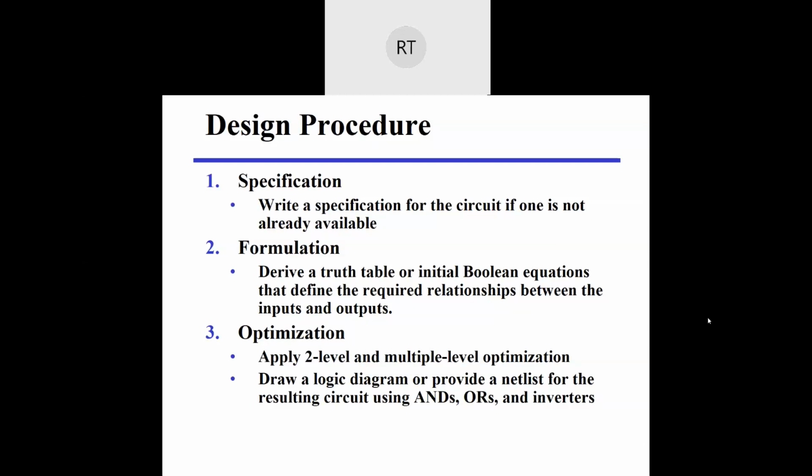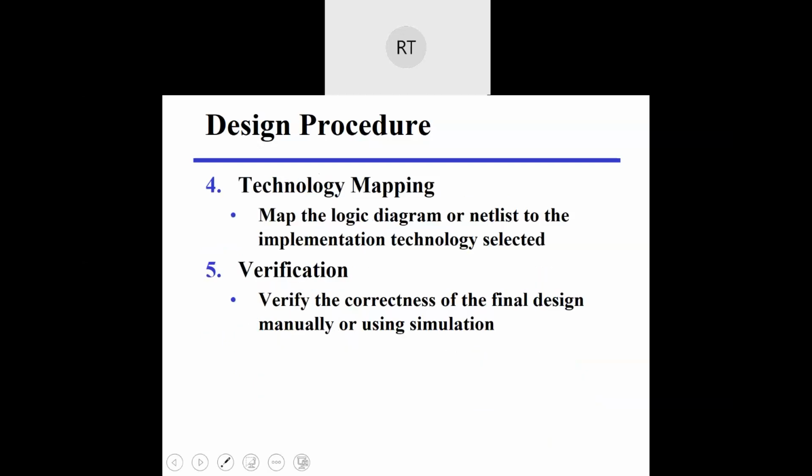You draw a logic diagram or provide a netlist for it with AND, OR, and inverters. What is technology mapping? This is where you map the logic diagram to the implementation technology. And in the last part, you verify the correctness of the final design.